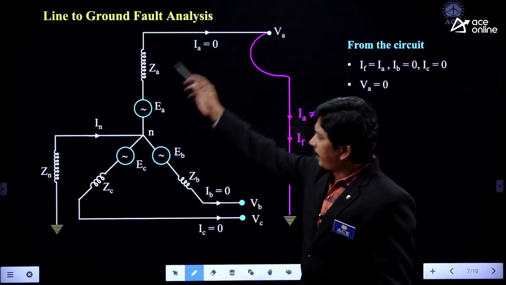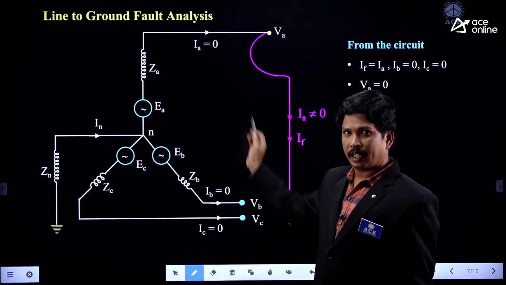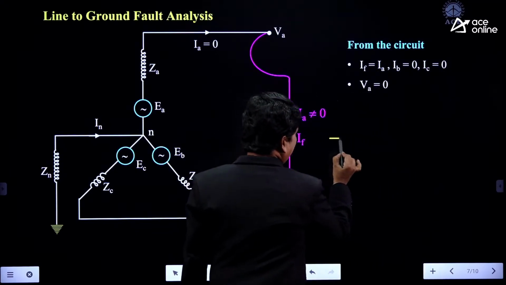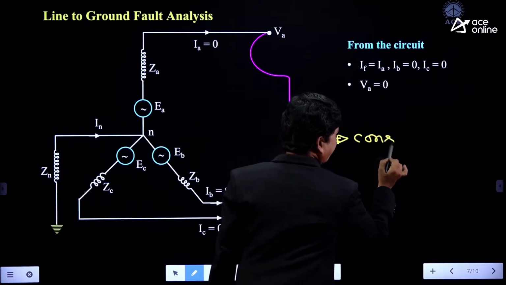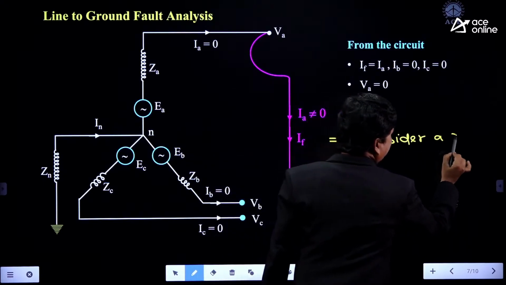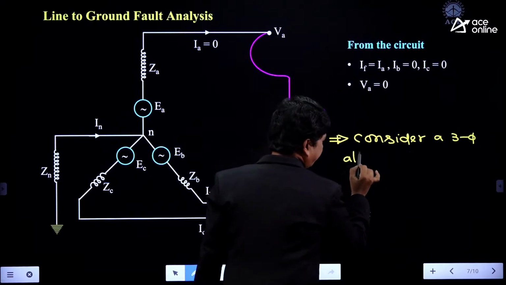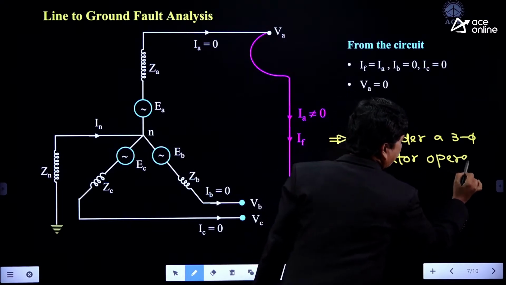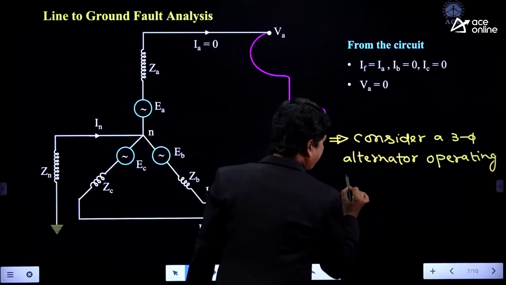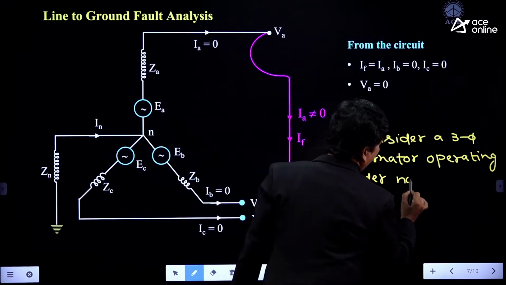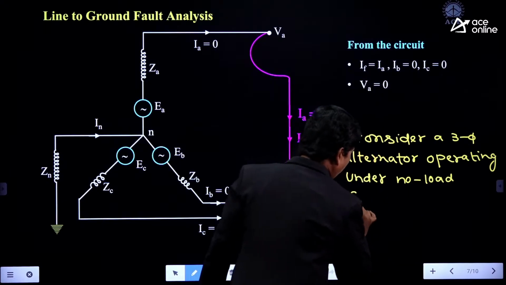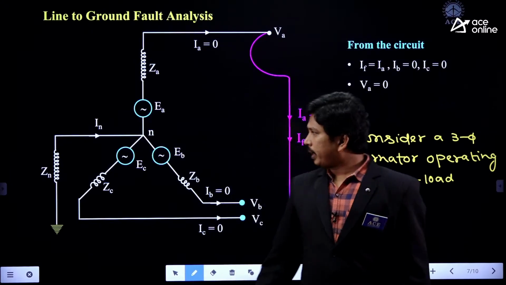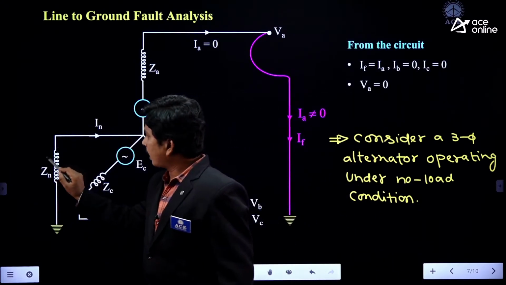Here we'll consider a three-phase generator, a three-phase alternator operating under no load condition, right? Clear? And it is grounded through an impedance of Zn. This is the grounding impedance.